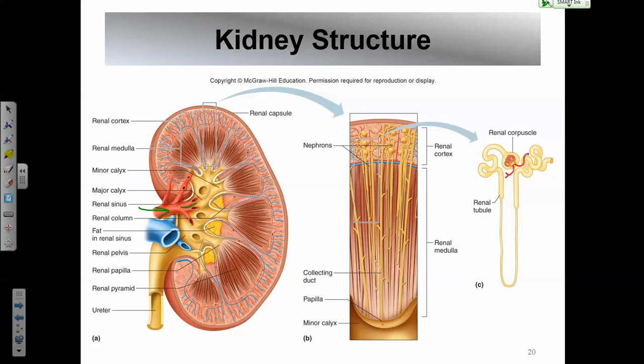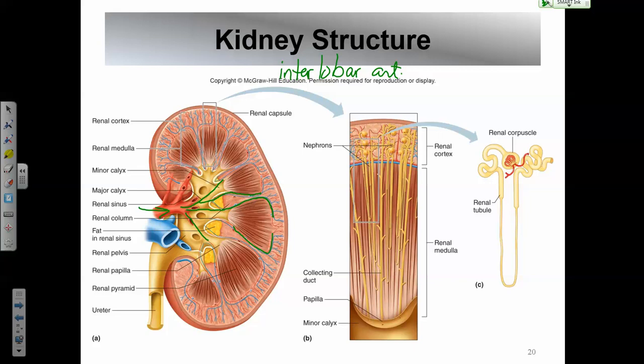And where it branches, and it doesn't show the completion of the branches, but as it branches into a column, where I'm drawing green is on top of a little red line in that picture. And that is called an interlobar artery. Interlobar artery.